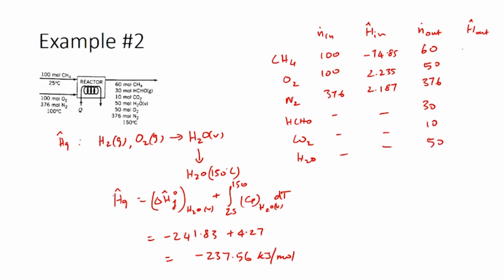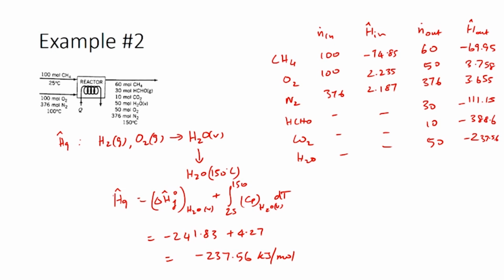These enthalpies would be minus 69.95, 3.758, 3.655, minus 111.15, minus 388.6, minus 237.56.